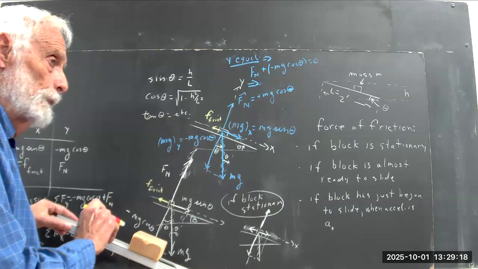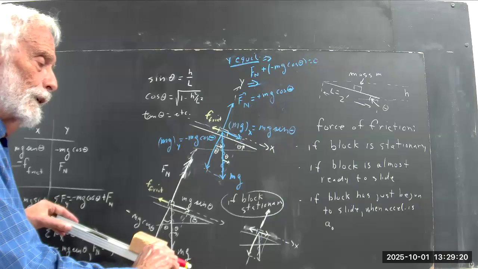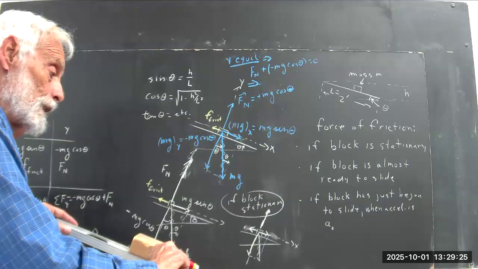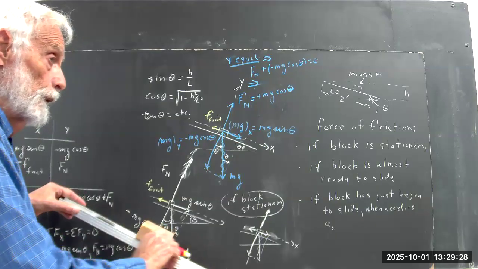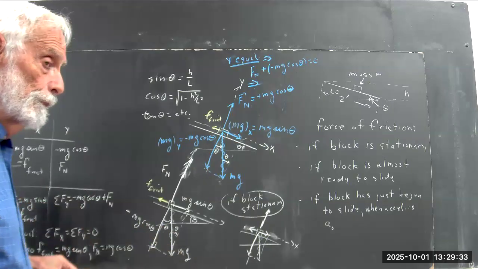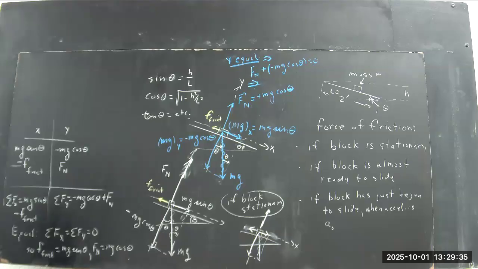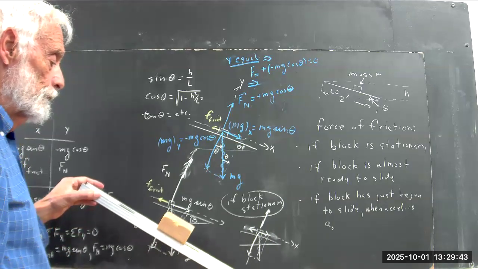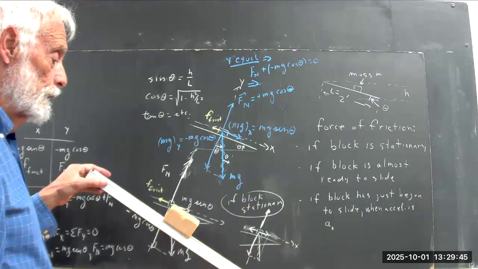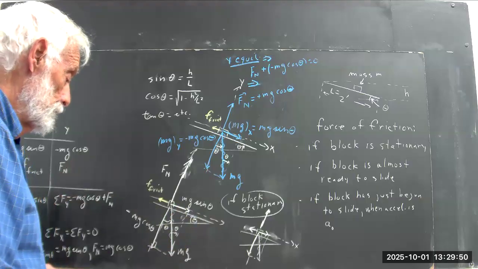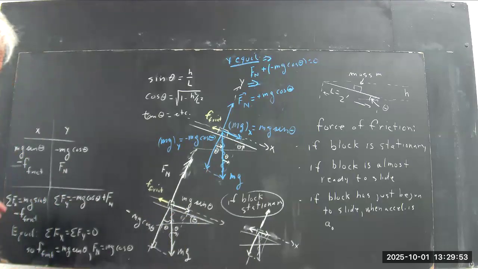The frictional force can't be bigger than the force of the component of the weight down the incline. And the component of the weight down the incline is bigger here than it is here. So the frictional force is bigger here than it is here. That makes sense? The frictional force is not equal to the coefficient of friction times the normal force until we get about here. It starts to move a little bit. Okay.